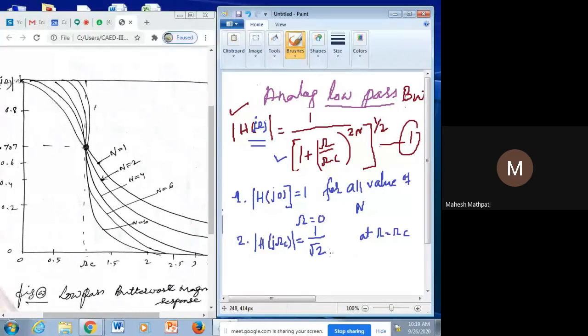What we can call it is, just write one line, magnitude h of j omega c equals to 1/√2 at omega equals to omega c for all finite n value. That is, if I take a 20 log of this 1/√2 or magnitude h of j omega c, क्या होगा वैल्यू इसका? और this is equals to, if I take 20 log of 1/√2, कितना होता वैल्यू? एनीबॉडी?